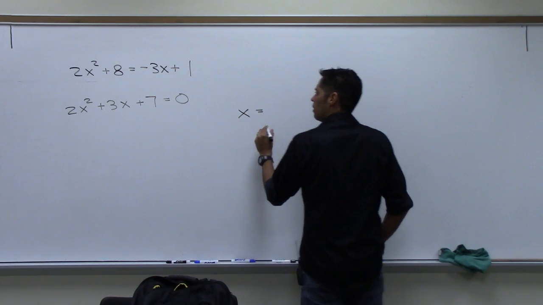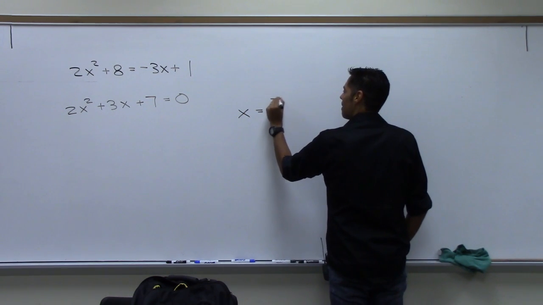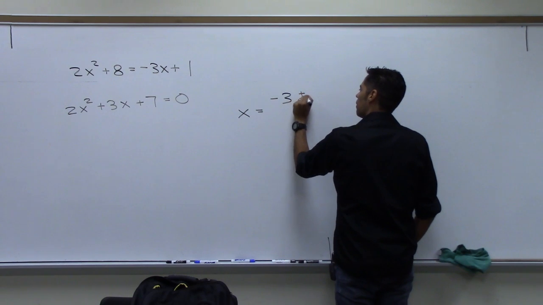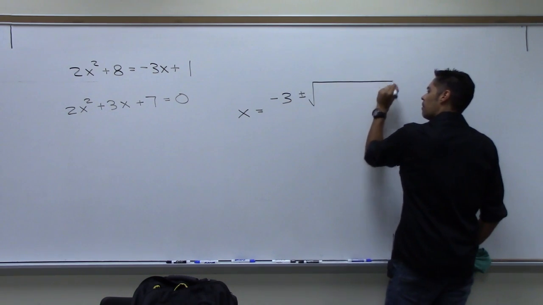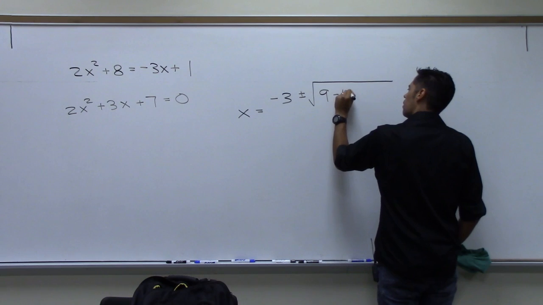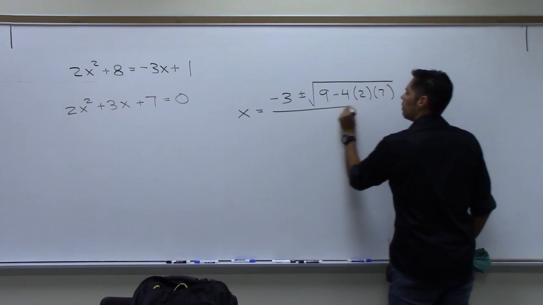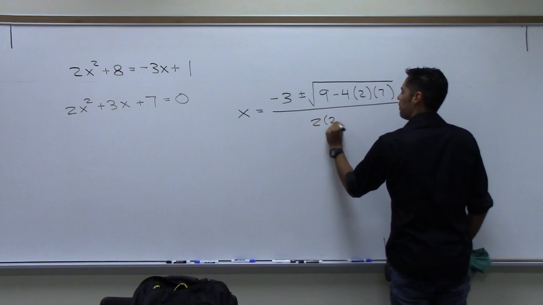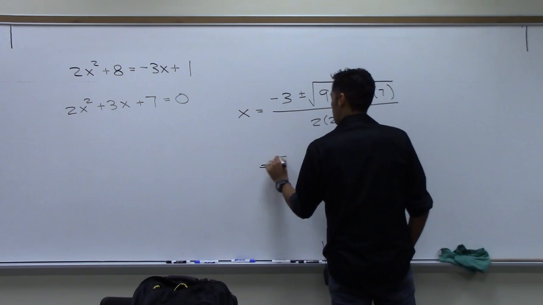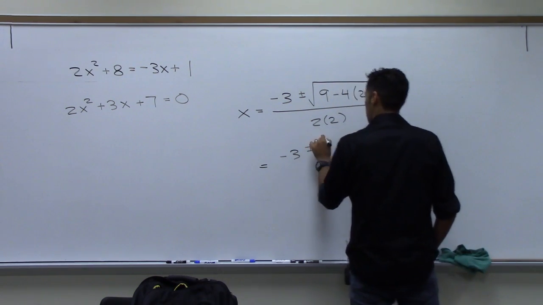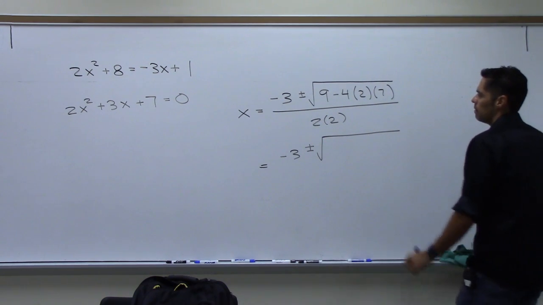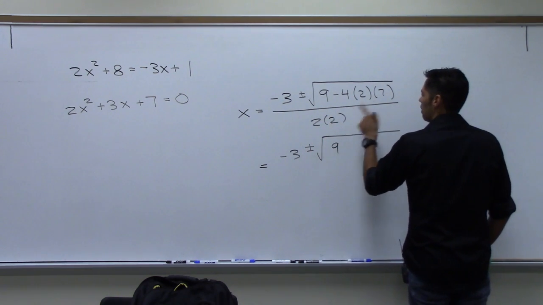So I did x equals negative 3 plus or minus the square root of 9 minus 4 times 2 times 7, over 2 times 2. That's right. And then I got x equals negative 3 plus or minus the square root of 9 minus 56, over 4.